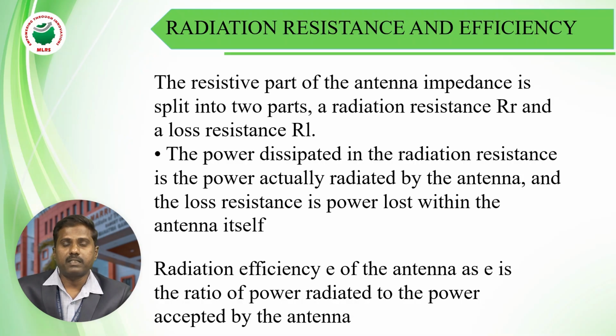That means the efficiency is calculated from the radiation towards the desired direction when it acts as a transmitter, and the radiation accepted when it acts as a receiver. That means radiated by received, we can calculate as the efficiency of this antenna.